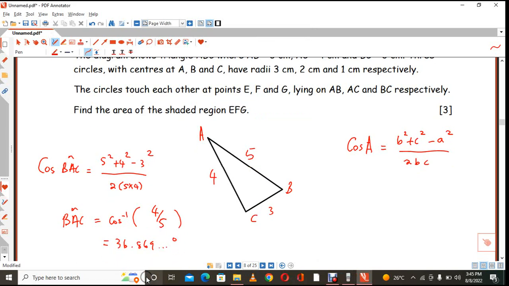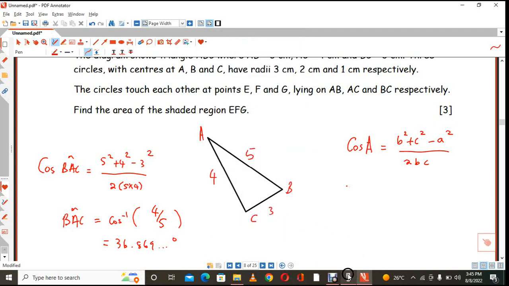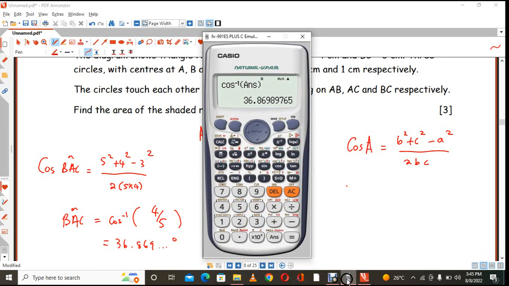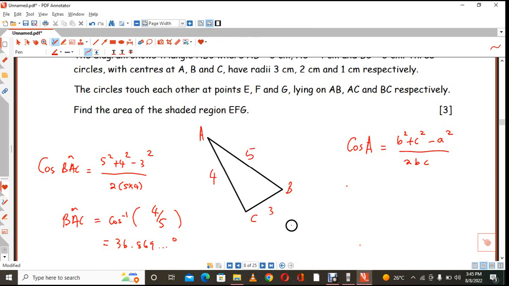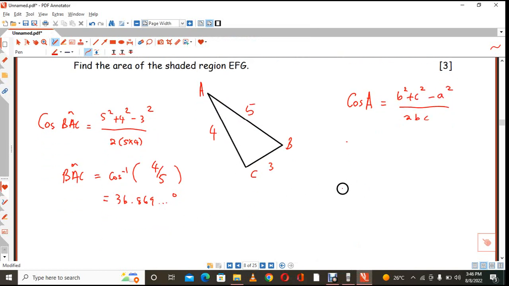So that angle there will be 36.87 degrees. Then we can also find angle ABC.